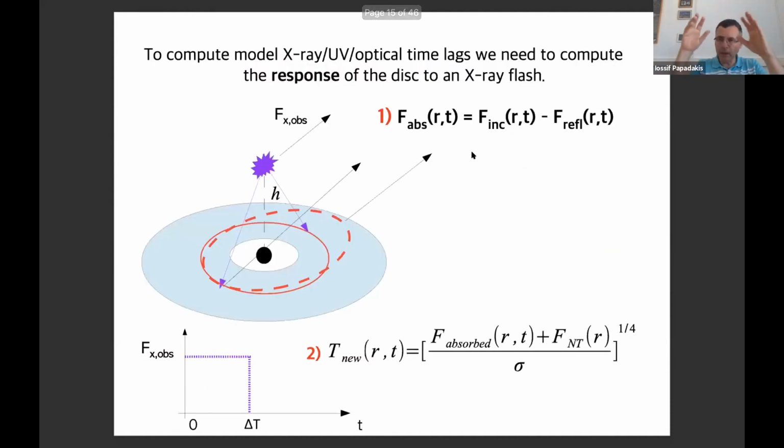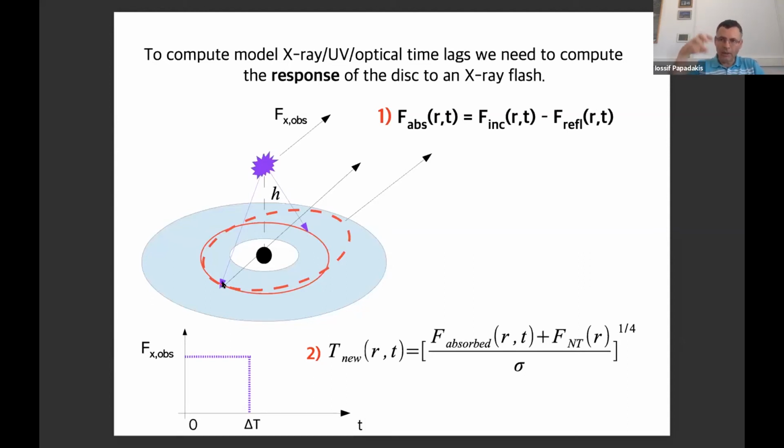We studied and tried to determine really accurately the response of the disk to an X-ray flash. So we assume that the X-ray source is here, and all of a sudden it just shines the disk with a burst of radiation. What we do is we come to each radius of the disk.